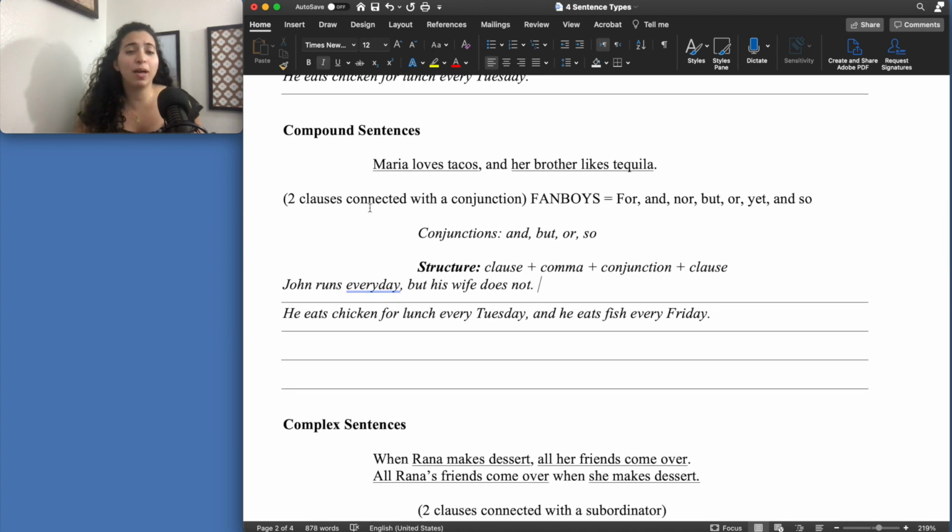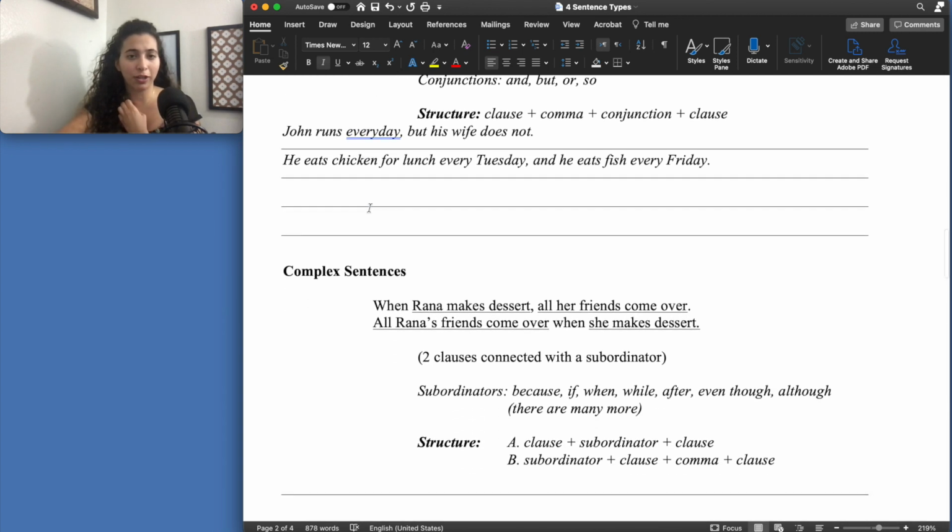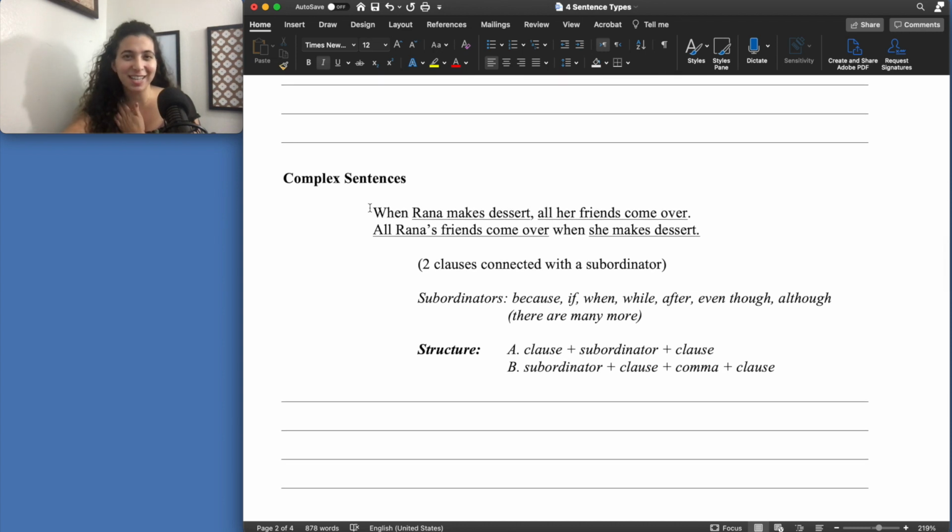The last one that we are going to talk about is a complex sentence. A complex sentence is made up of an independent clause and a dependent clause, also known as a subordinate clause.